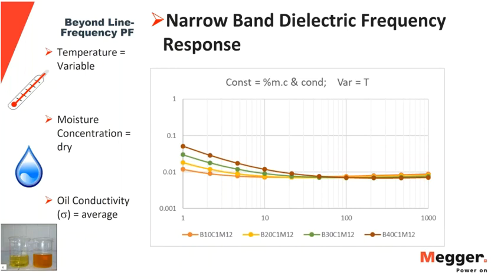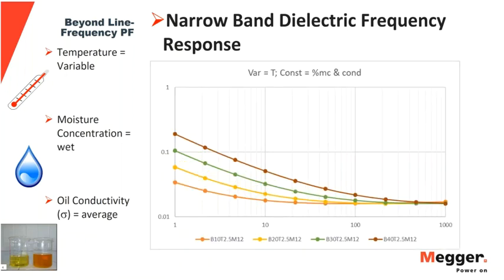Keep this one in mind, because on the next slide I want to show you what happens on a transformer that's wet, but otherwise in the same condition, tested at multiple temperatures. You can see that this looks quite different, and the effect is even greater on this one compared to the last family of curves.